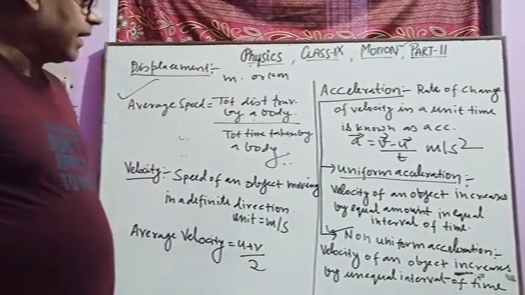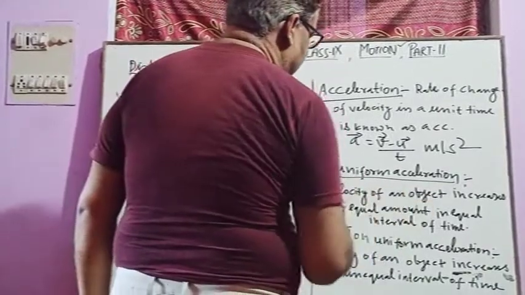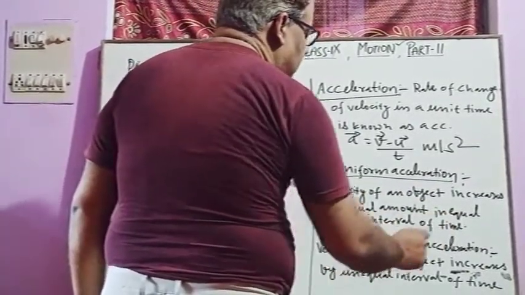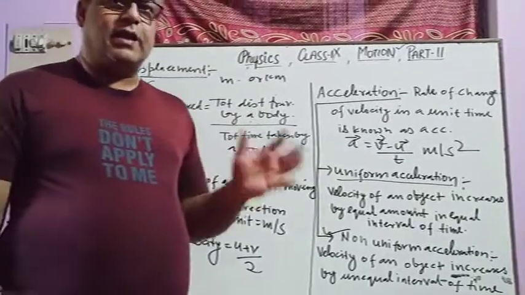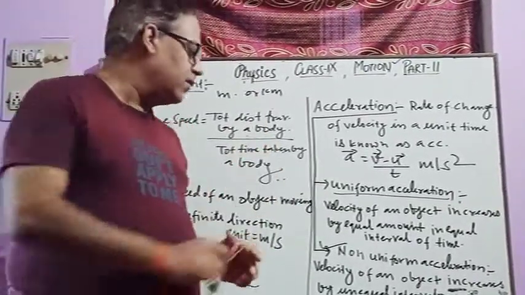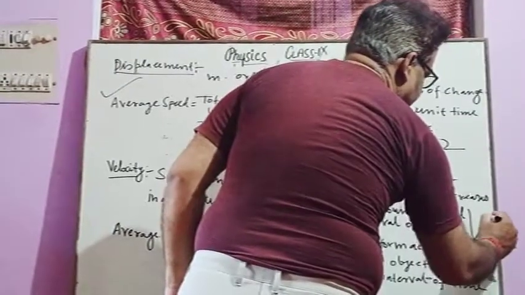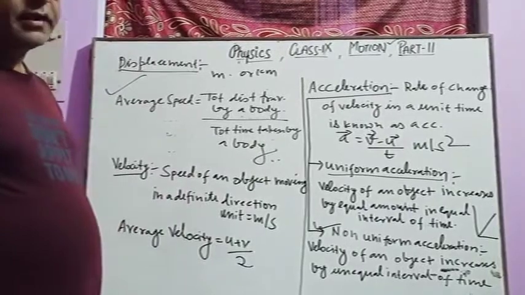Now I am going to define what we mean by uniform acceleration. The velocity of an object increases by equal amounts in equal intervals of time. If the velocity of a body like a truck, car or jeep increases equally, uniformly, we can plot the graph like this way. Then it is known as uniform acceleration.